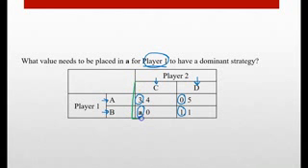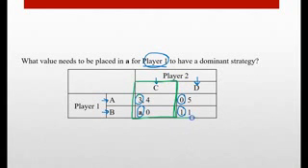So if player 2 chooses to go with strategy C, we want to look at the payoffs for player 1. So we have 3 and we have A. We don't know which one should be bigger right now because we don't know the dominant strategy of player 1. So let's put that on hold and come back to it.